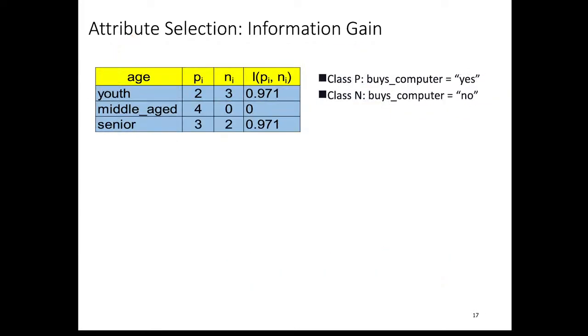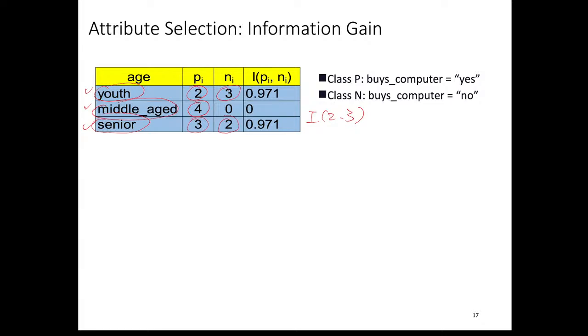Okay, so let's see. For the youth, 2 of them buy a computer, 3 of them don't. For the middle-aged people, all 4 of them bought the computer. For the senior people, 3 of them bought the computer, 2 of them don't. Okay, so what we need to do is compute the entropy in each group. Group number 1, we have info(2,3).